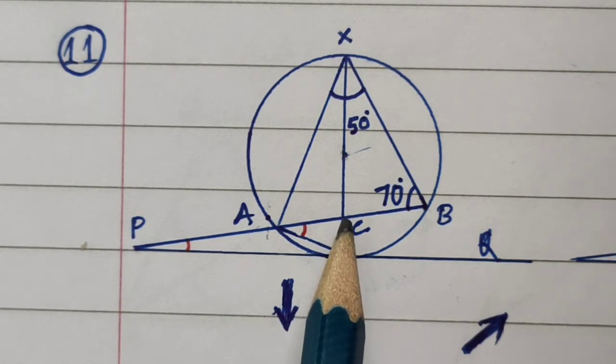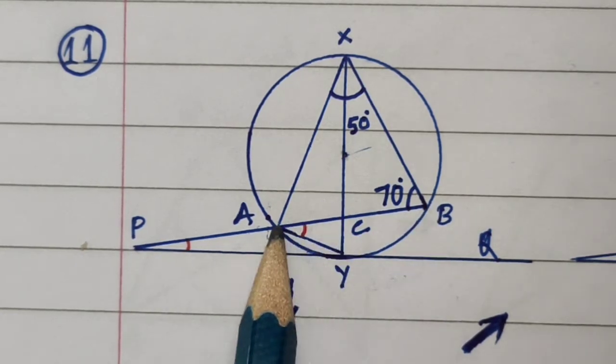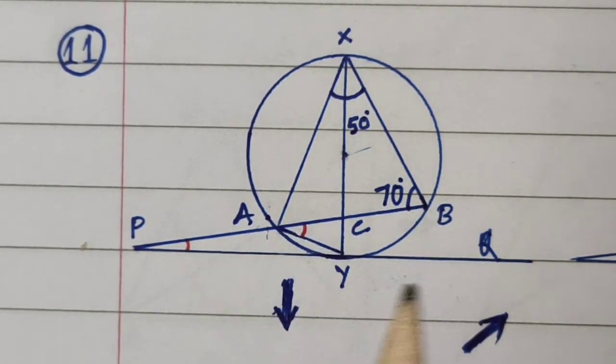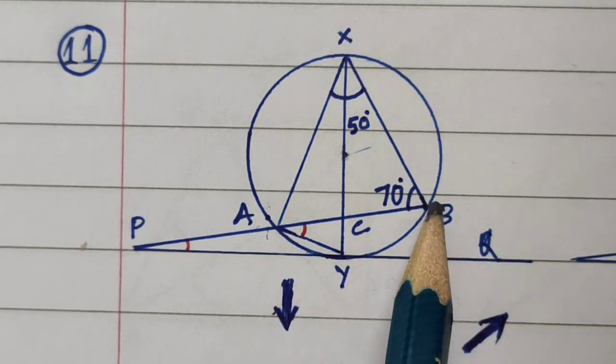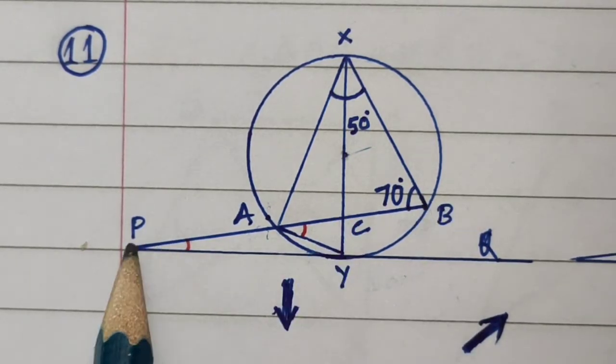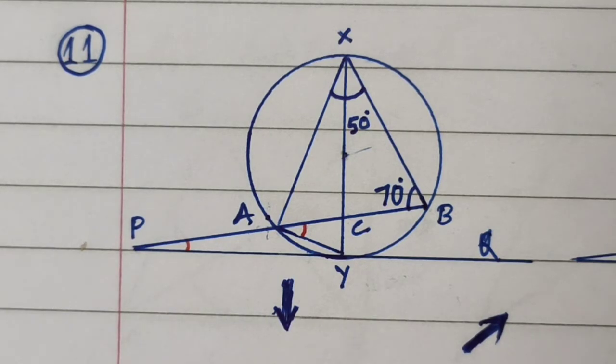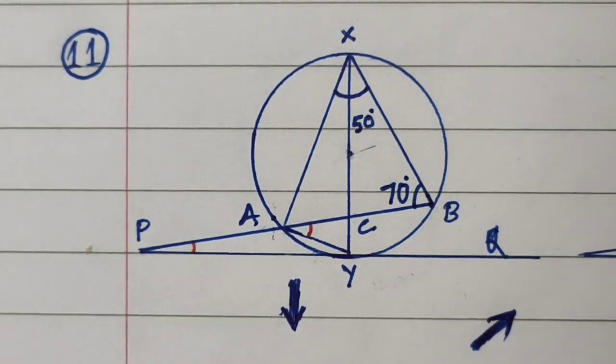They are asking us to find out BAY and CPY, two angles in the given figure. This problem is very interesting. Let us go step by step. I have drawn different pictures to make you understand better and easily.